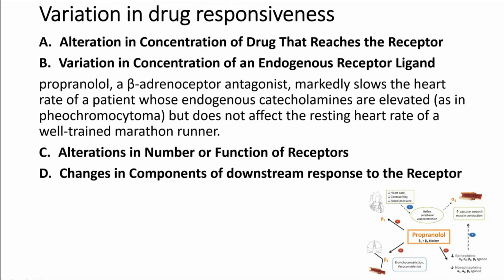So for some reason, you take the pill, or propanol. Propanol is a beta blocker. For some reason, that drug is not reaching the systemic circulation. That's because of an increased amount of expression of cytochrome P450 enzymes in the liver.